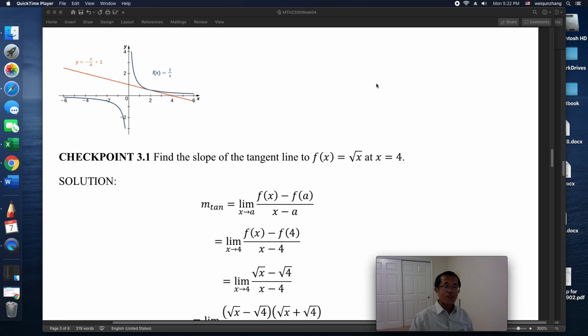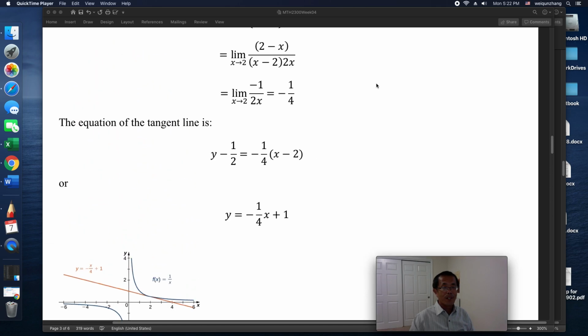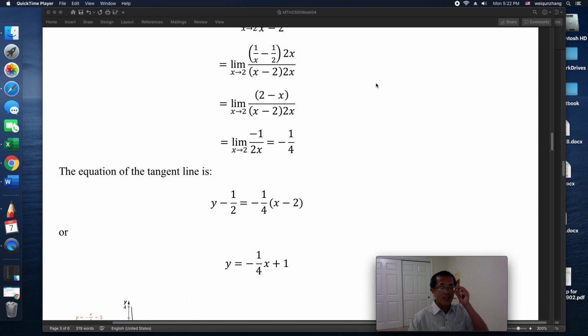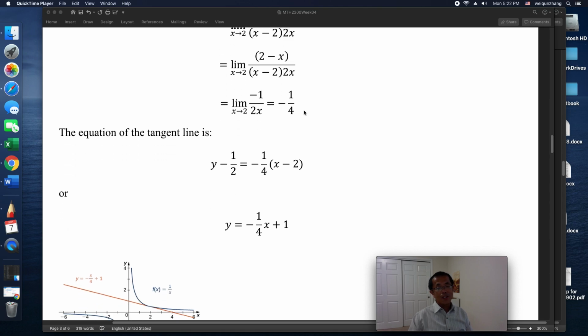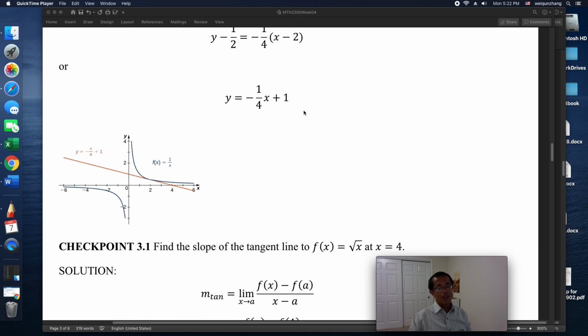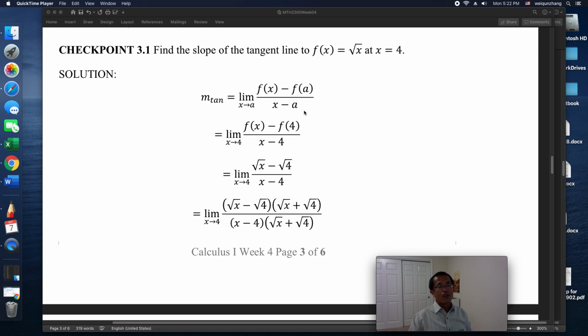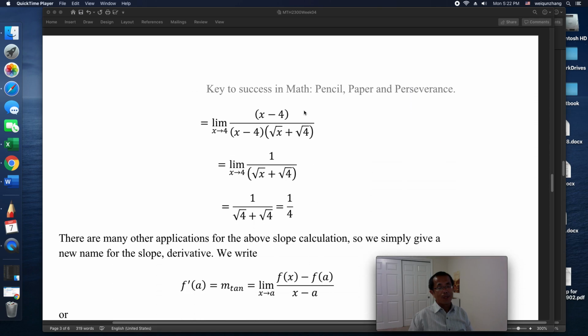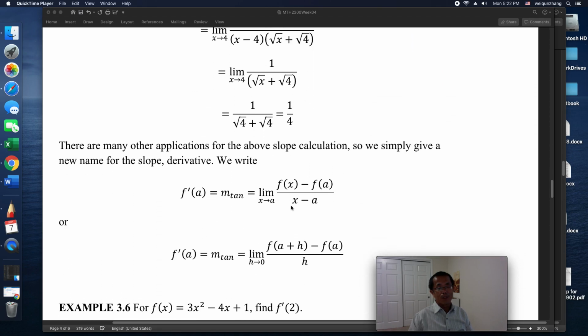So I think we did 3 examples about the calculation of the slope of the tangent using limits. And indeed, that kind of calculation for the limit has more applications than the slope. So we simply call that kind of limit, the limit of the difference quotient, the derivative.